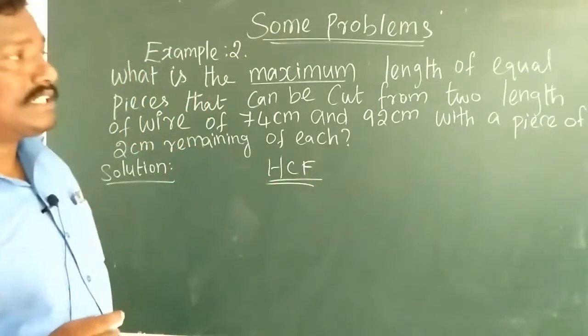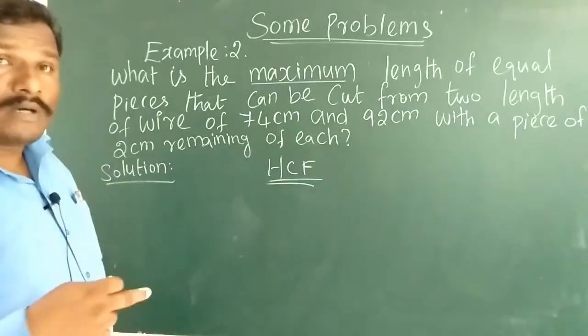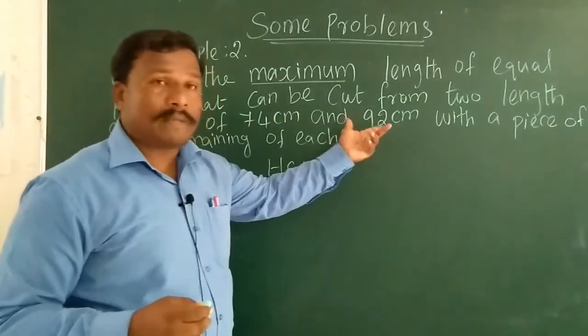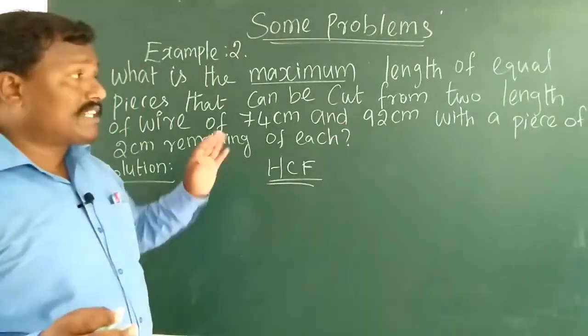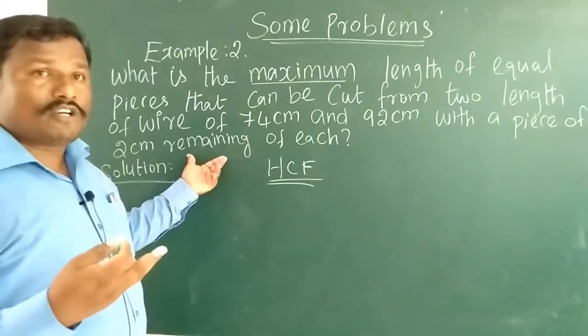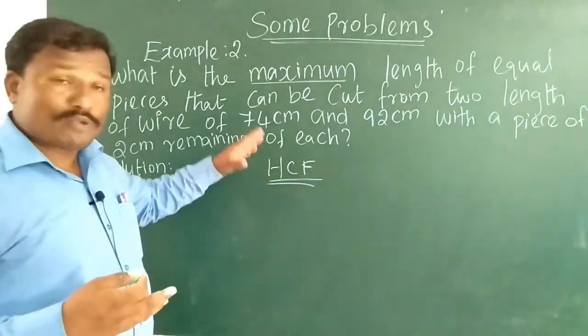Before finding the HCF, we have to do one thing. Because 74 centimeter and 92 centimeter each have a remainder, we can't find the factors directly, so we have to subtract first.